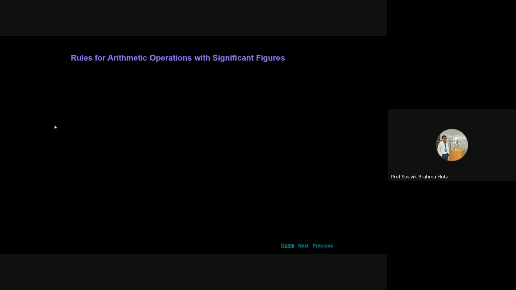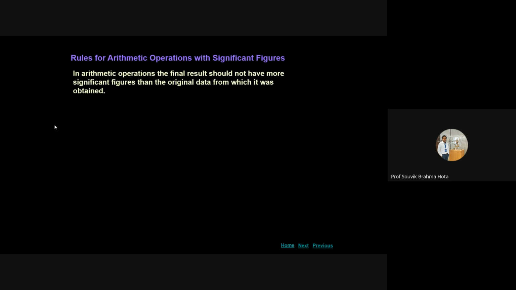Rules for arithmetic operations with significant figures are very important. We must know this because this type of question is asked again and again, in school and in JEE. In arithmetic operations, the final result should not have more significant figures than the original data from which it is obtained.